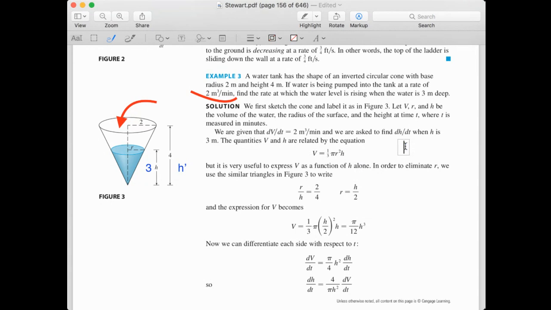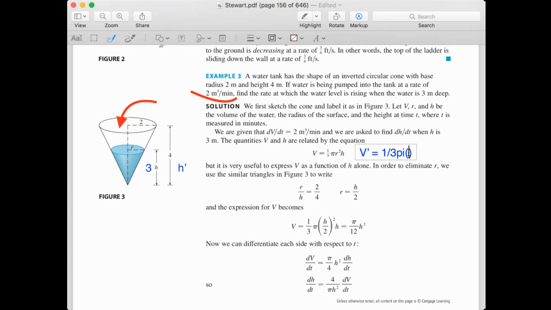So we're going to treat this as an equation and use implicit differentiation. We take the derivative with respect to everyone. So dV/dt equals 1/3 pi times, well, product rule, right? We have r squared h. So let's use the product rule.